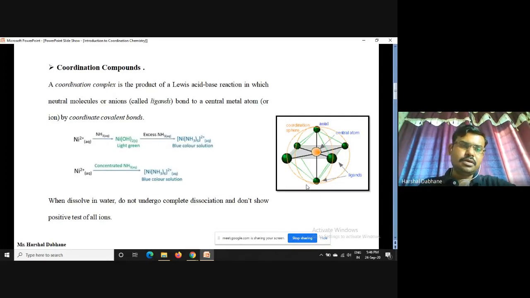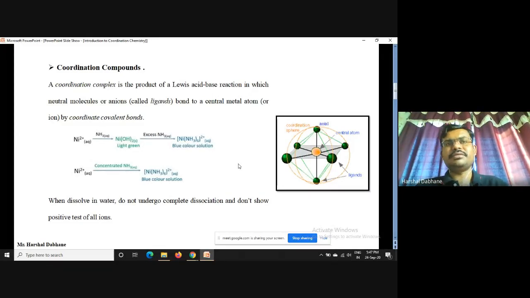Okay, so next we compare these coordination compounds with a double salt. In case of the double salt, when we dissolve it in aqueous solution, it gives the tests of all positive and negative ions.